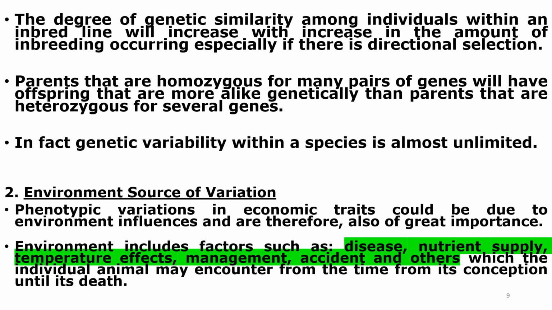The second source of variation is what is known as the environmental source of variation. Phenotypic variations in economic traits, for example, could also be due to environmental influences. So environmental sources of variation are also very important, and they include things like disease, nutrition, temperature management, accidents, and others.